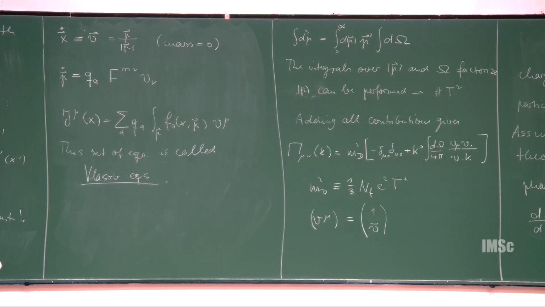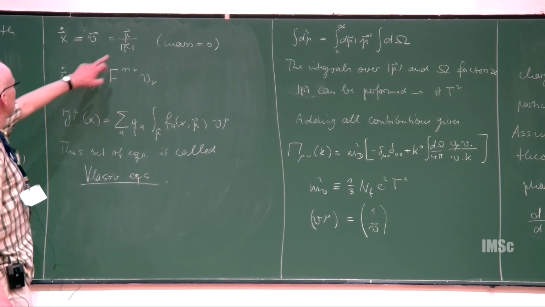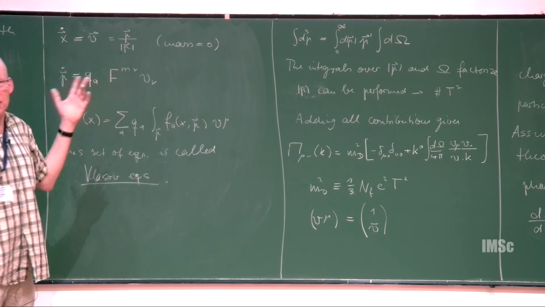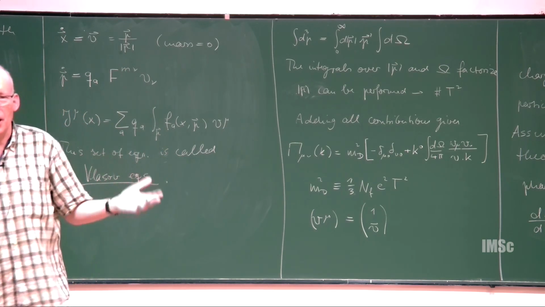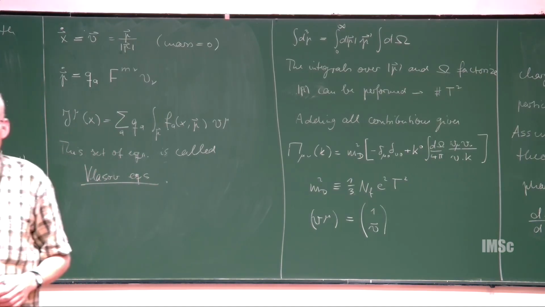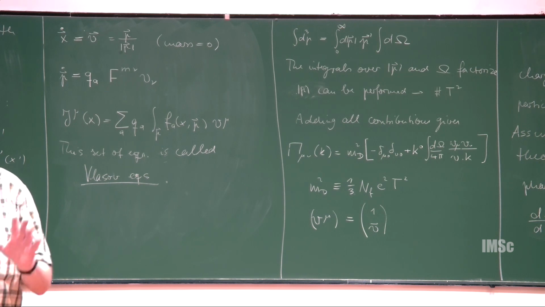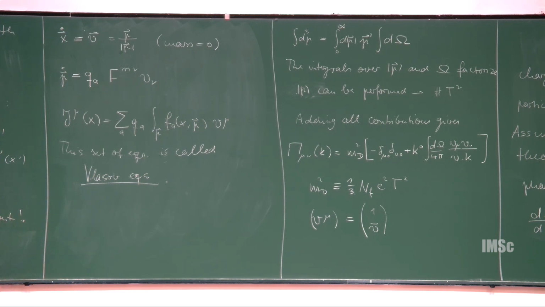But p by mod p is dimensionless, right? Yes, the right hand side is dimensionless. So it's the speed of light, c equal to 1. Yes, c is equal to 1 always. So c, h bar and the Boltzmann constant are all equal to 1. Okay, thank you.